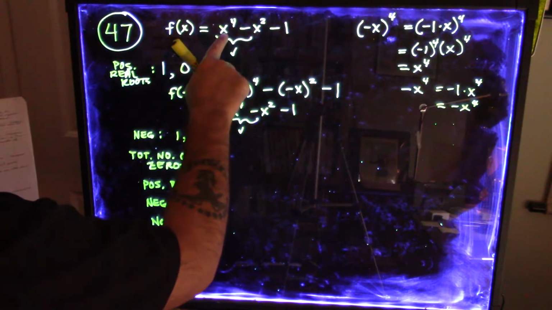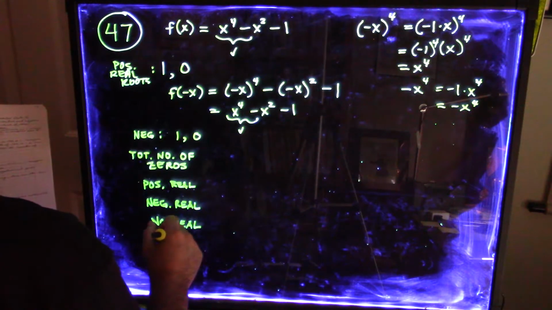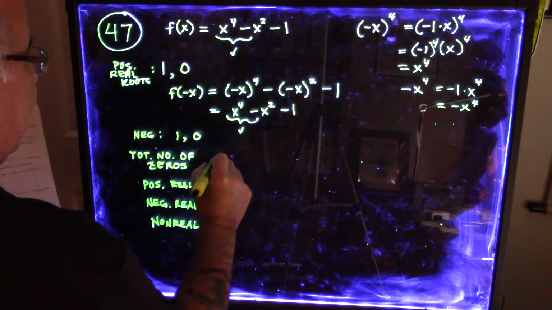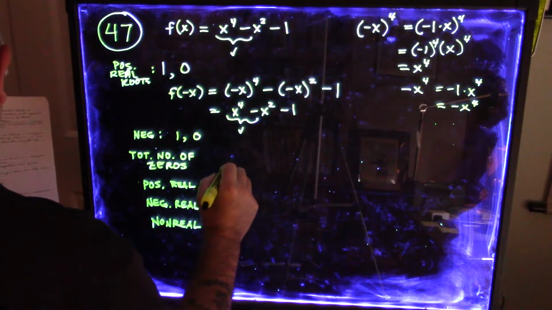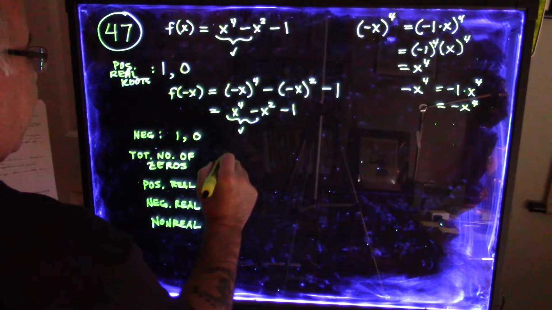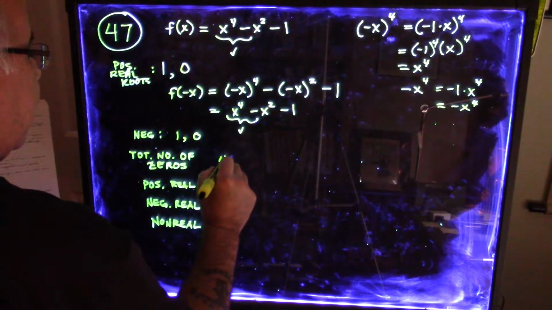So it's a degree 4 polynomial, so that means we're going to have a total number of 4 roots.